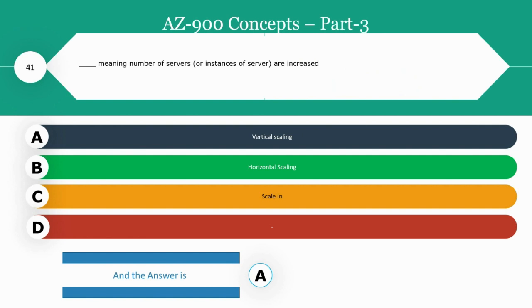Here, scale out or horizontal scaling means the number of servers or instances of servers are increased. Every server has the same configurations. Horizontal scaling, aka scale out, refers to adding nodes or machines to your infrastructure to cope with new demands.